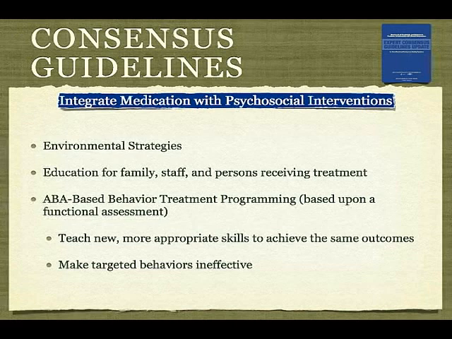Let me talk about that just a little bit more. Environmental strategies really means looking at the things that are going on around the person and making sure that they're not having a role in what's going on. Education is important as well, and they can work kind of together.